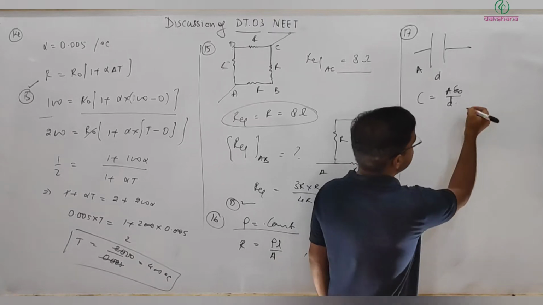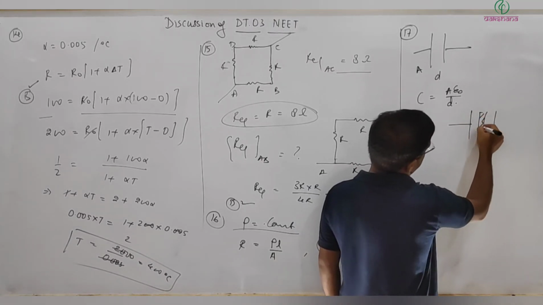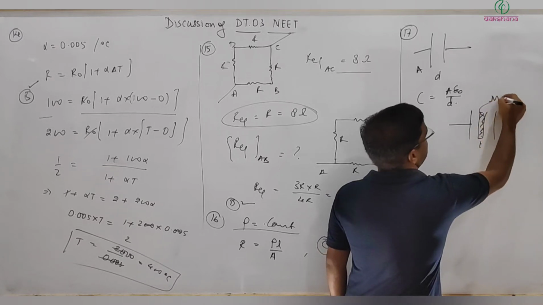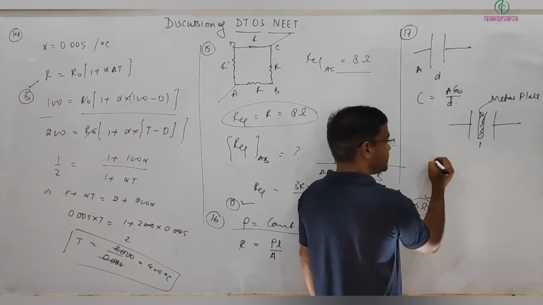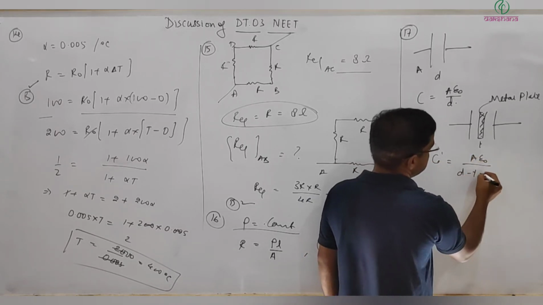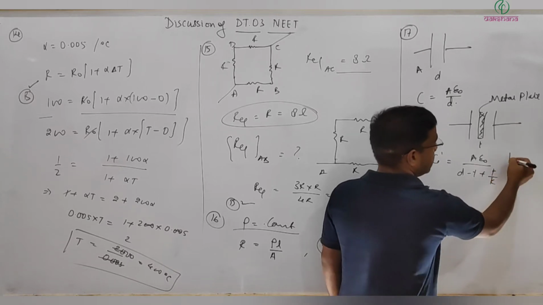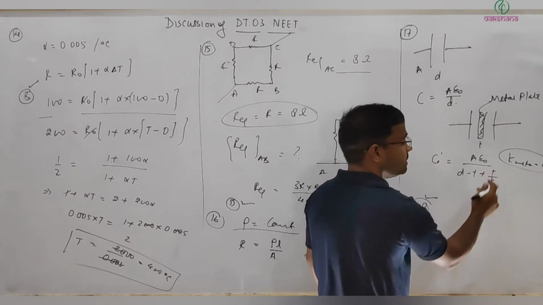Now C prime is equal to A epsilon naught divided by (D minus T plus T by K), and K for metal is infinity, so that term will simply be 0.